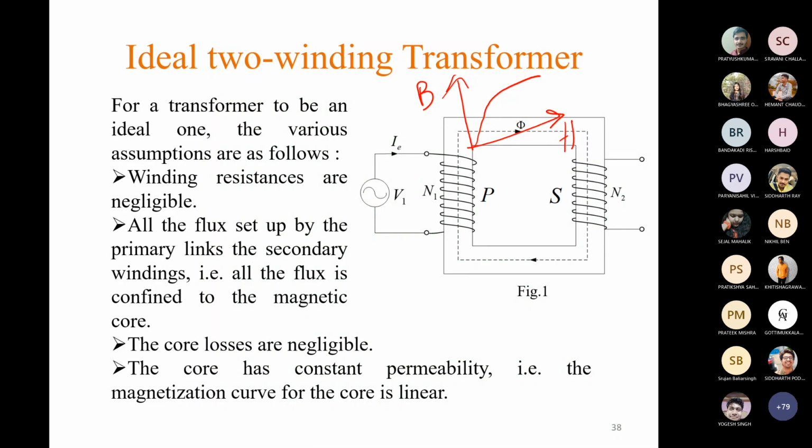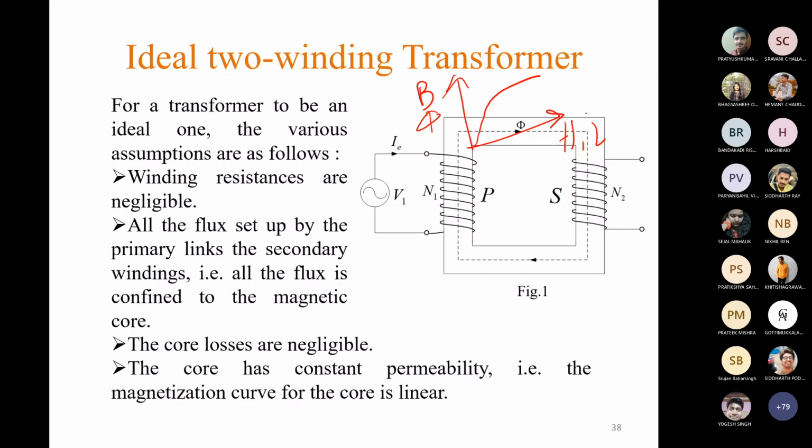So this is the variation of B and H, or phi and I. This is the phi-I curve or BH curve. If we increase the current value, after a certain value of current the flux will not increase, that means it will saturate. But for an ideal transformer we consider that the core has constant permeability, which means the magnetization curve is linear.